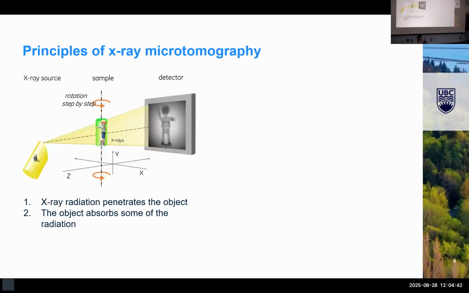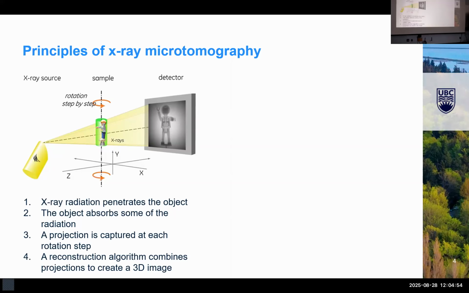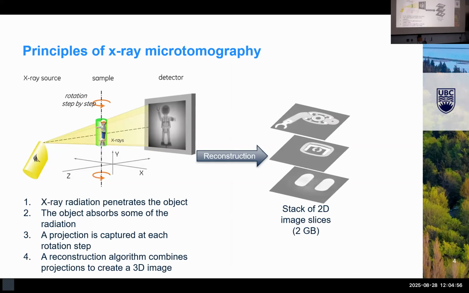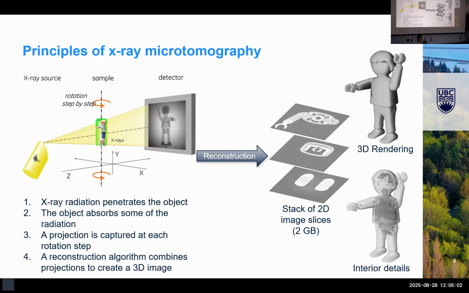The object casts this sort of shadow on the detector. And then this stage is capable of rotating in very fine increments, rotates and catches another projection. Does this a few thousand times, and then at the end, everything's reconstructed into your 3D volume, which typically comes out as a stack of 2D image slices. And of course, you're capable of looking at it as 3D rendering too.